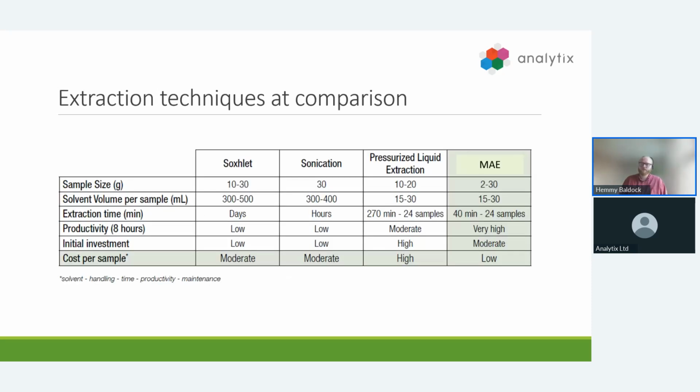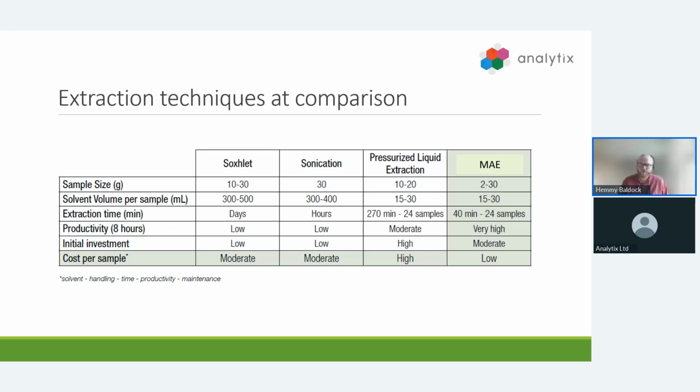So here I just wanted to cover a comparison of factors involved in sample extraction from a number of different techniques. I'm going to focus on the far right-hand side column for microwave-assisted extraction, abbreviated to MAE. This technique offers the most flexibility in sample size while using low volume of solvent per sample.